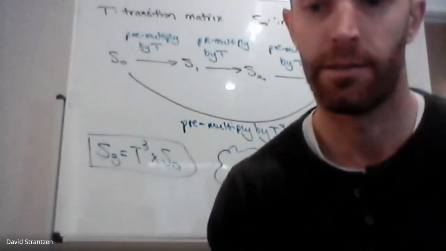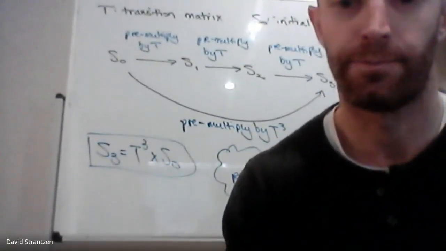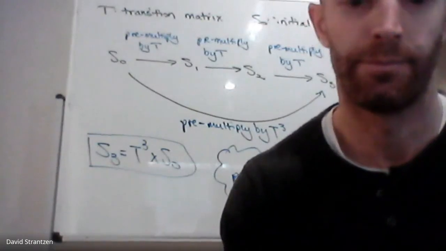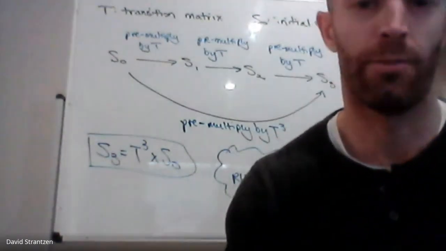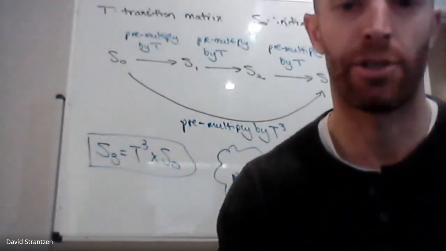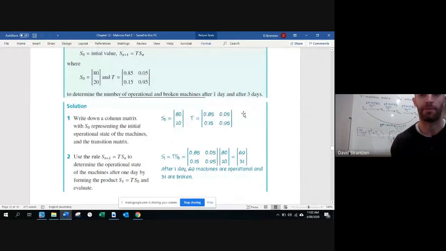So if I go back to the notes, remember in that previous question, we wanted to work out how many machines were operational and broken after 3 days. So I did it recursively, step by step, working out 1 day, then 2 days, then 3 days.